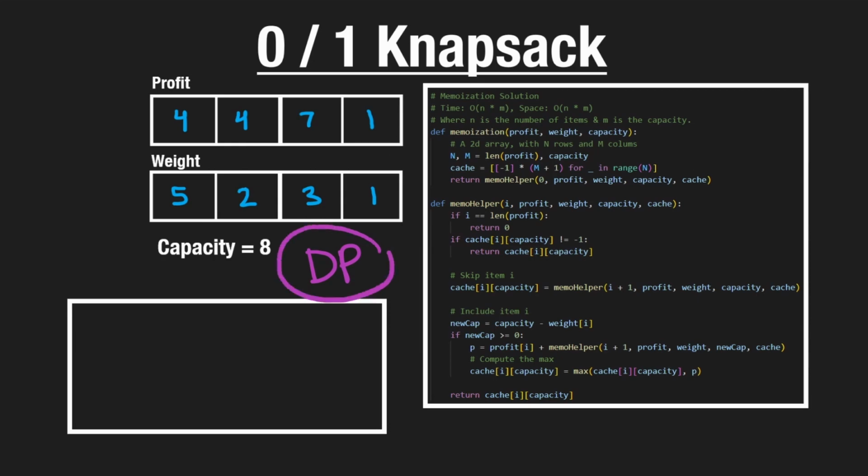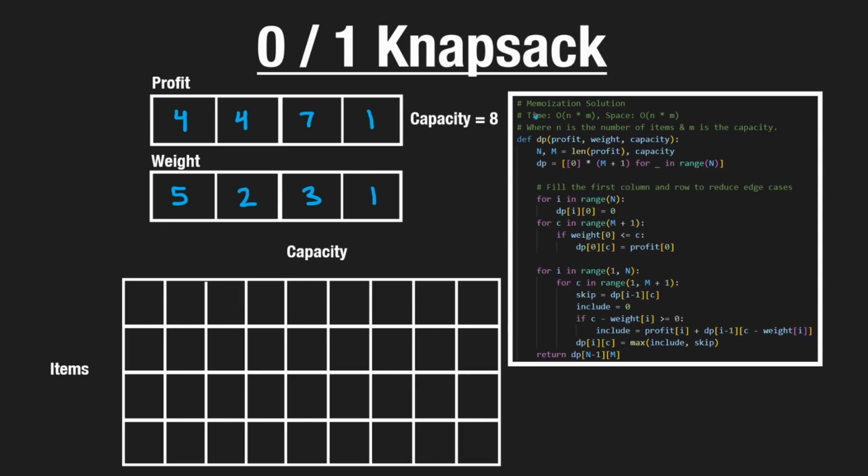Sometimes the true dynamic programming solution can be optimized to reduce the space complexity. So in this case, our two-dimensional array is of the dimensions n by m. Sometimes in dynamic programming, you can reduce those dimensions though. So for the true dynamic programming solution, we're going to skip the recursion altogether. We're going to initialize a two-dimensional array of the exact same dimensions typically.